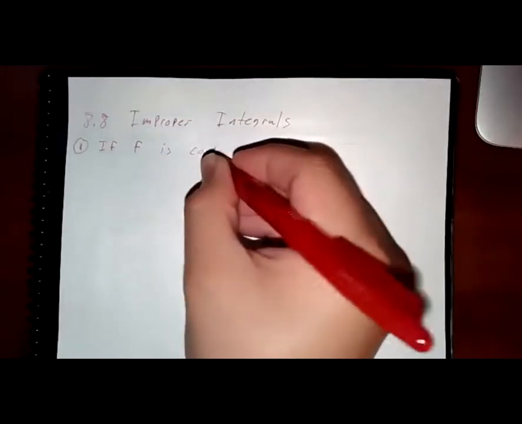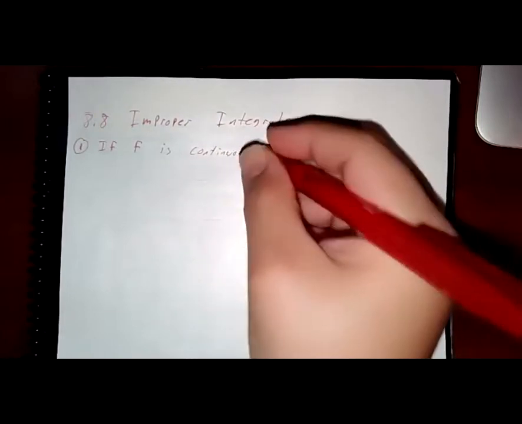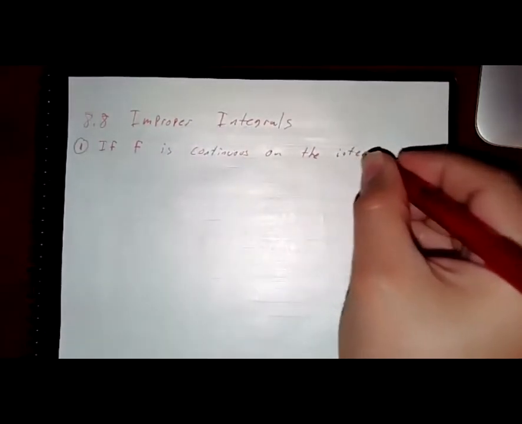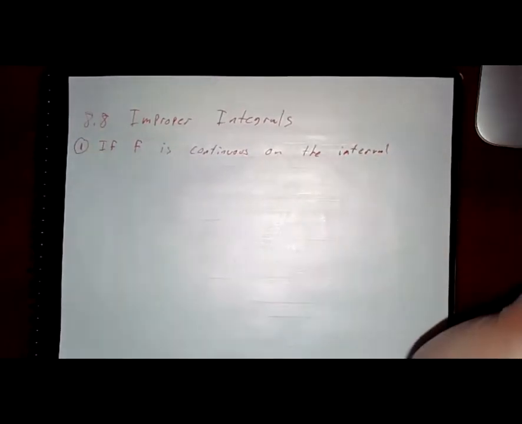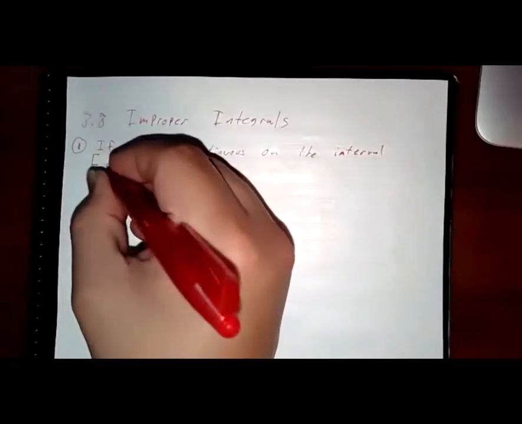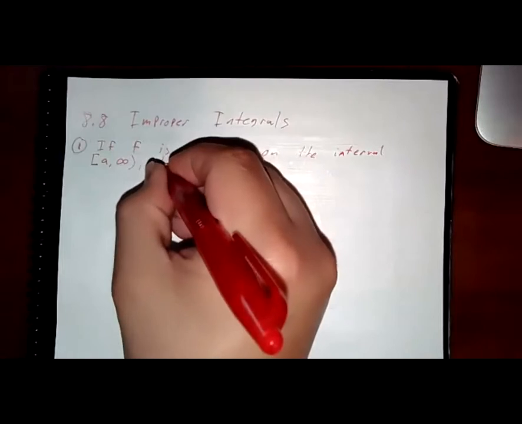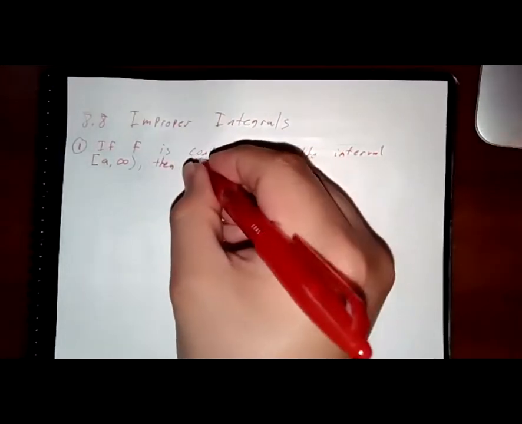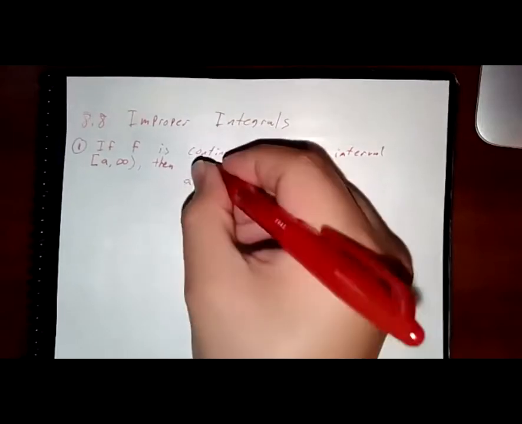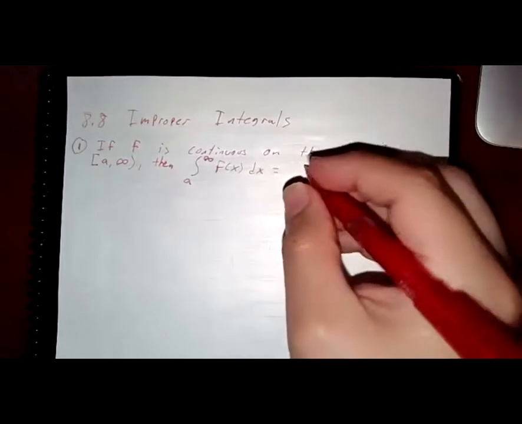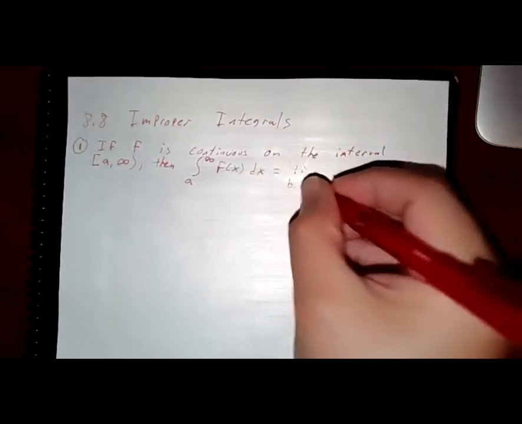So if f is continuous on the interval a to infinity, then the integral from a to infinity of f of x dx would equal the limit as b approaches infinity.